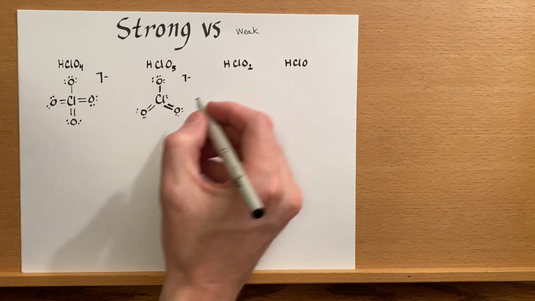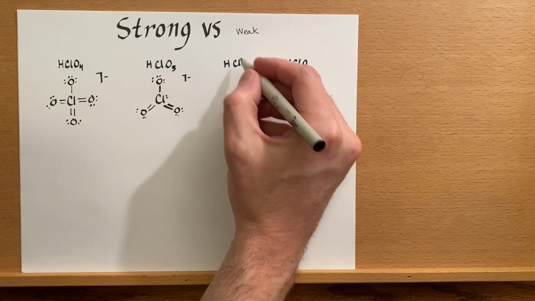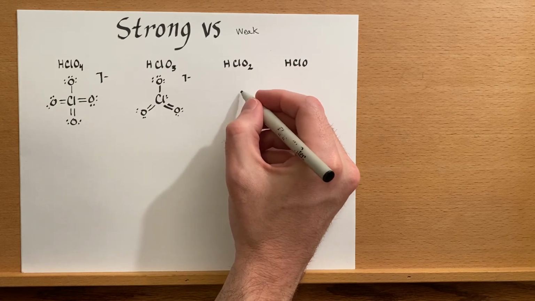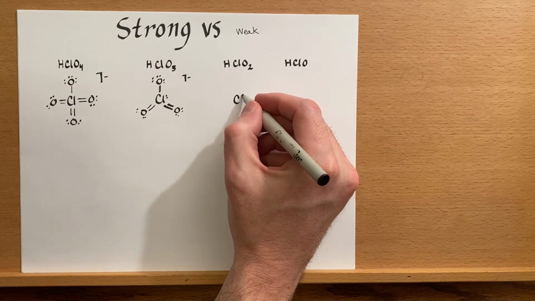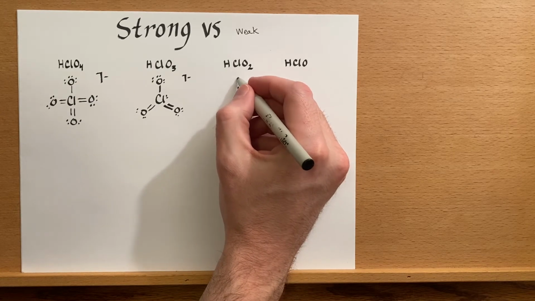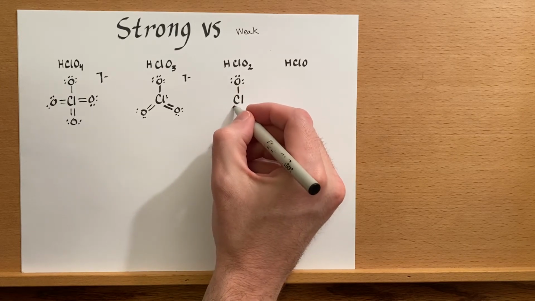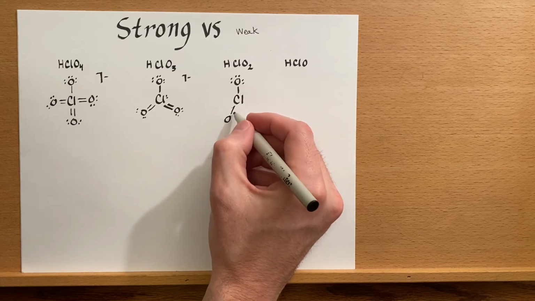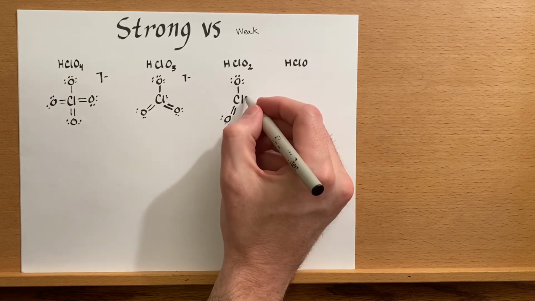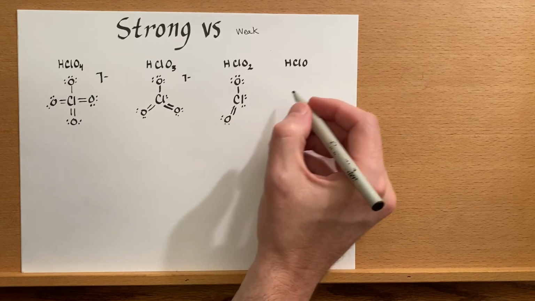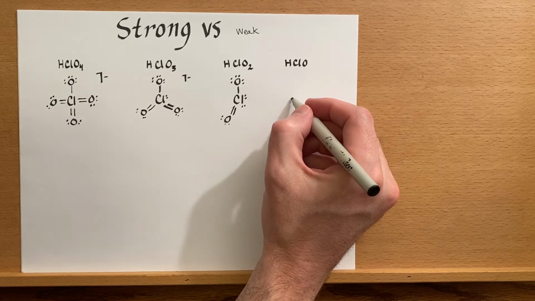There's also a negative charge here. Let's see here, ClO2 negative. And then ClO negative.